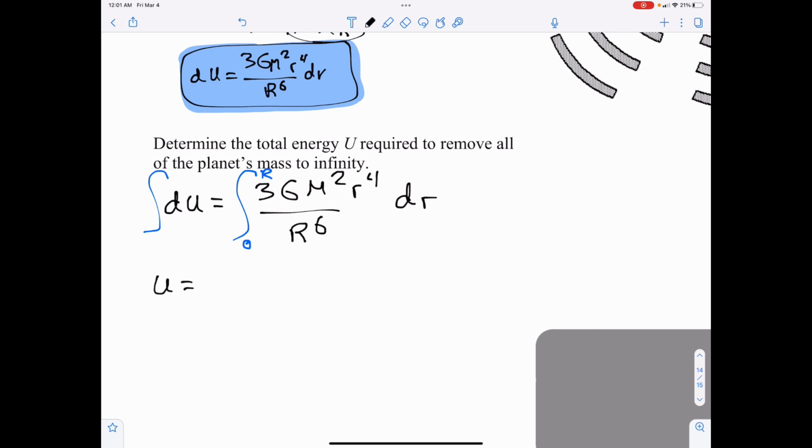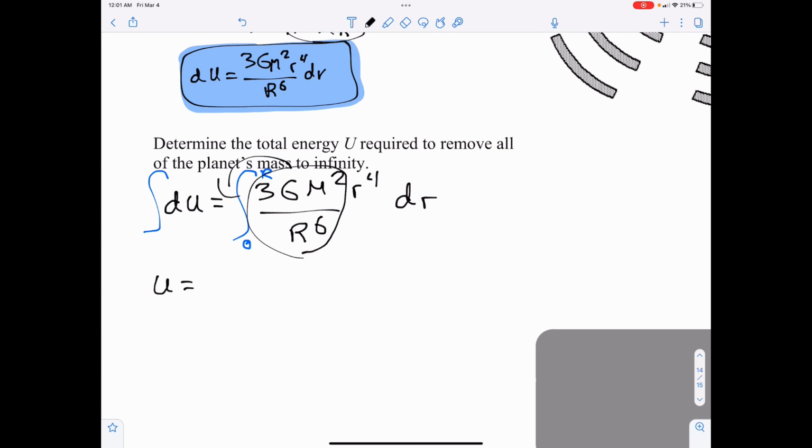Okay, now if you notice, there's a bunch of stuff here that's just constant. All of this is constant and just comes right out front. You're really just integrating r to the fourth power, which is really easy, with respect to r.